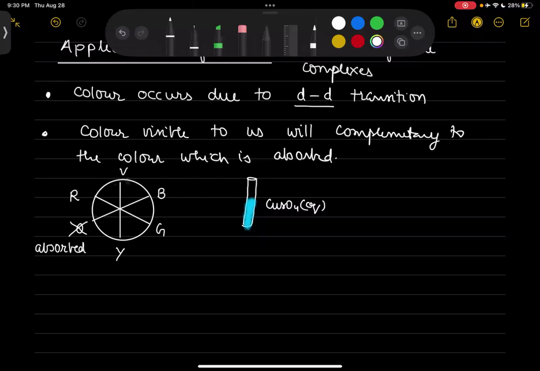The color which is visible to our eyes is the opposite color. Okay. This is the visible color. So why does copper sulfate appear blue? Because it absorbs orange color. This happens due to DD transition.